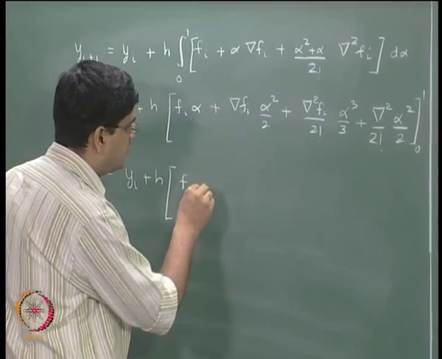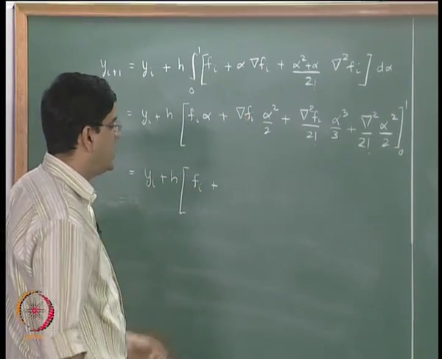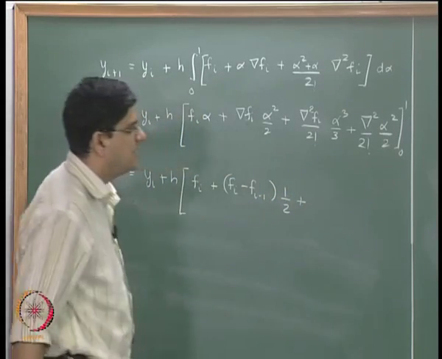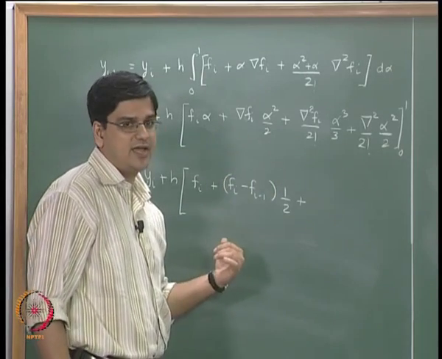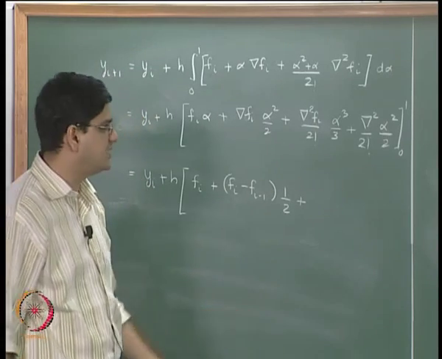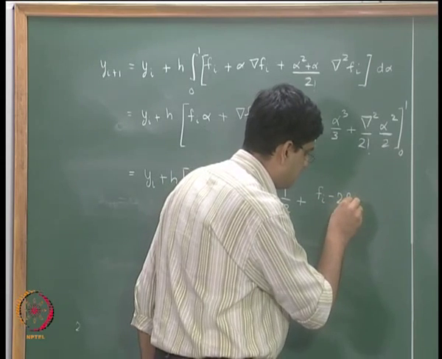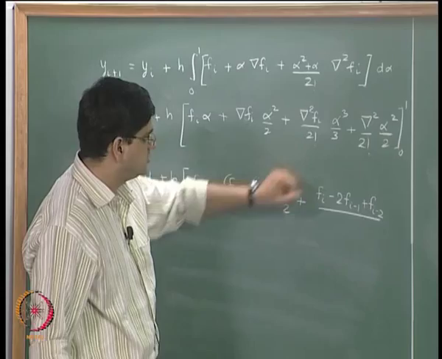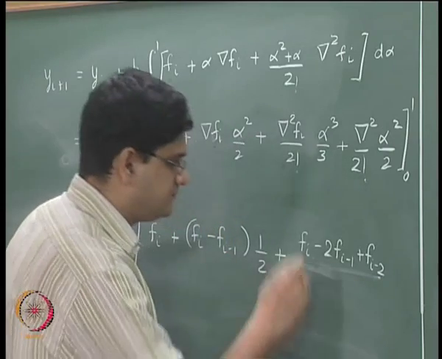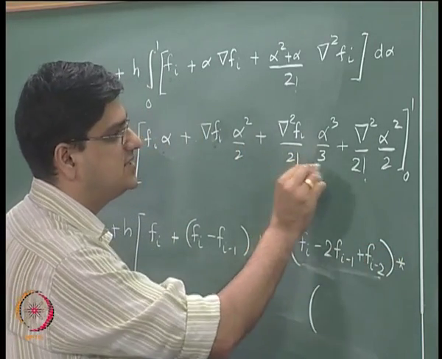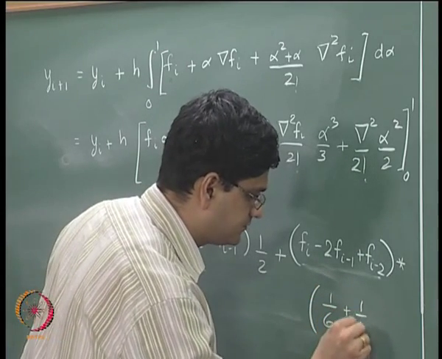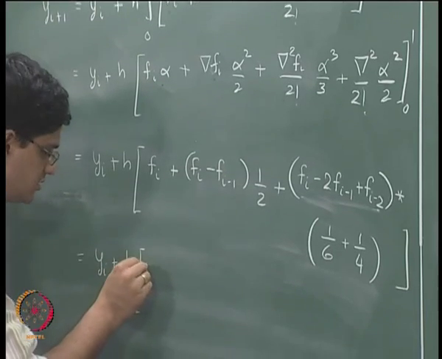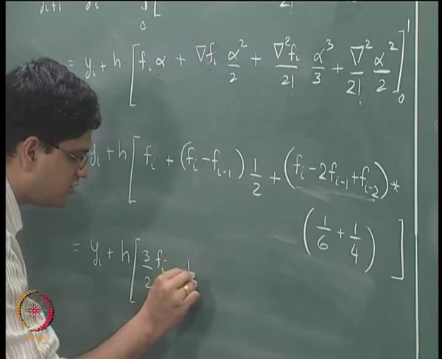So we will have fi multiplied by 1 plus del fi is nothing but fi minus 1, fi minus 1 multiplied by half plus del square fi, if we recall, it is fi minus 2 times fi minus 1 plus fi minus 2, okay, divided by, so this entire term is going to be multiplied by 1 by 6 plus 1 by 4.